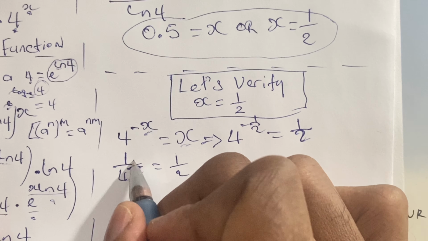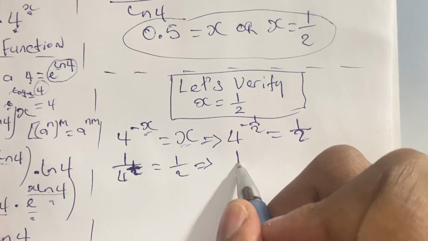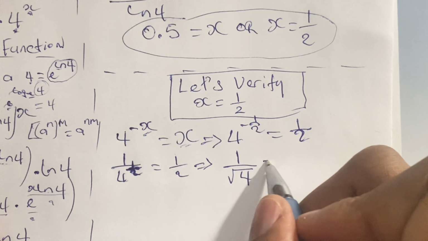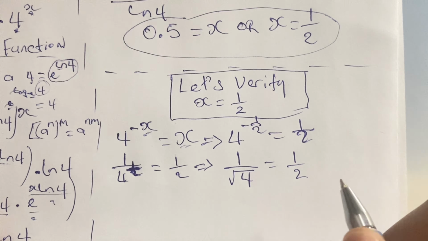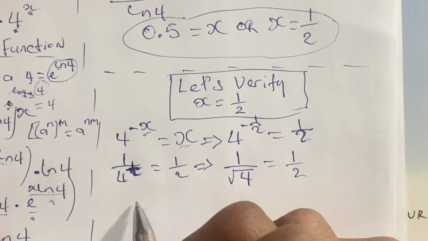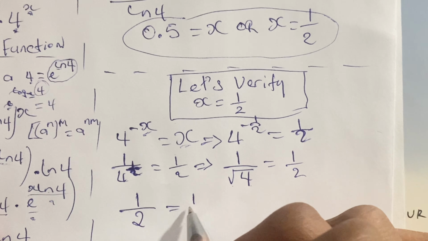Now we know that when we have a fraction, the denominator represents the root. So in this case, we have the square root of 4. And what is the square root of 4? We know that the square root of 4 is 2. So this is 1 over 2, which is equal to a half.